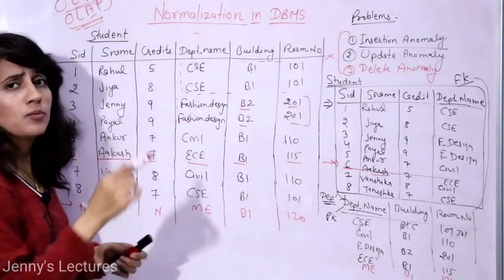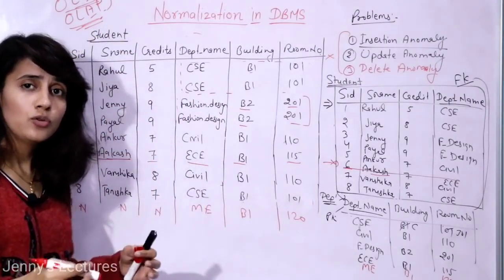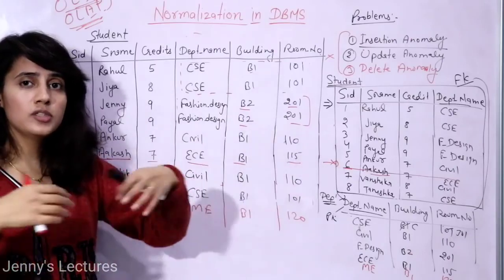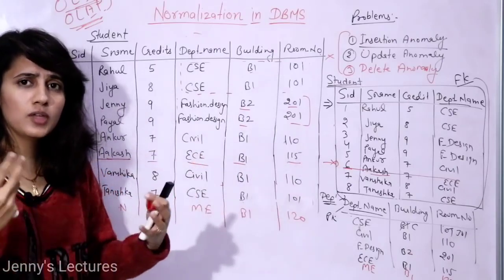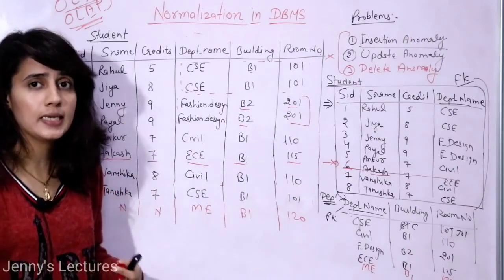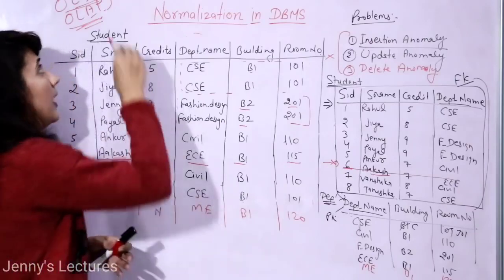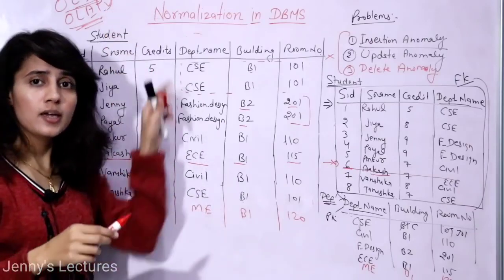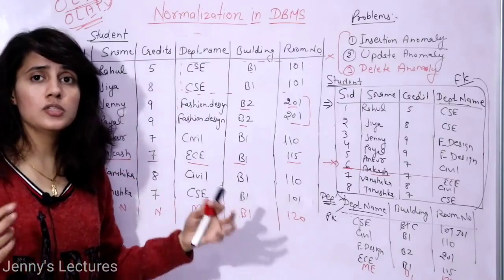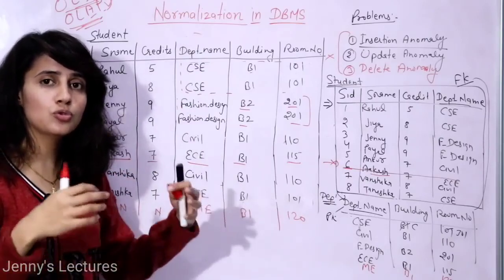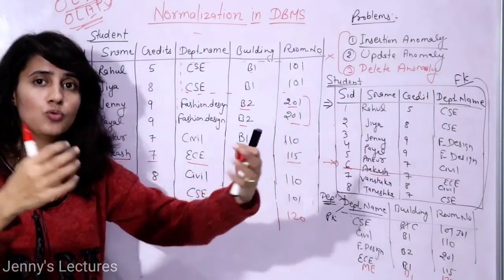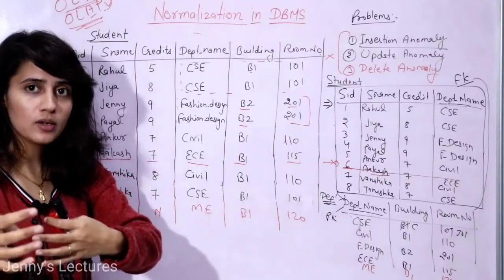In an OLAP system, or you can say in a data warehouse, we are going to store huge data or historical data, fine. Analytical queries mean here we perform complex queries in which we join multiple tables to get the result, fine.